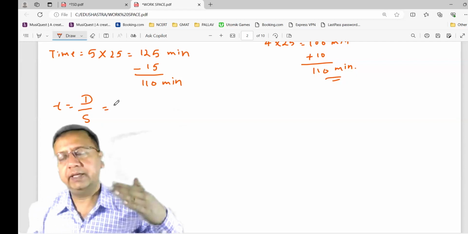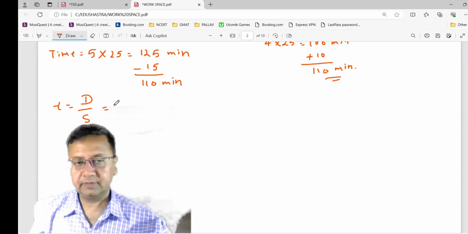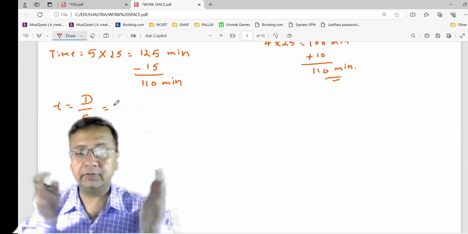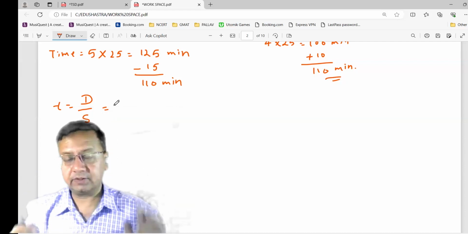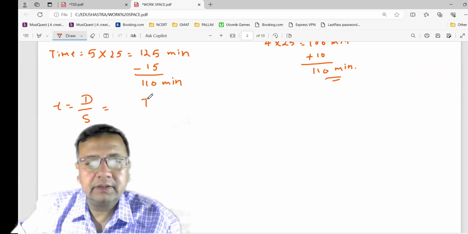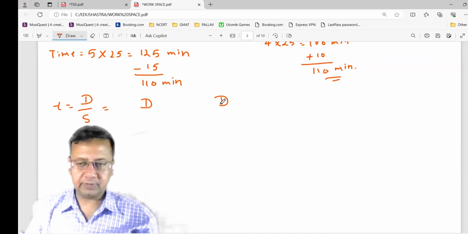So one day you are reaching early, 10 minutes early. Other day you are reaching late, 15 minutes late with the different speeds. Distance is constant. So see this. Distance and distance, because you are moving at two different speeds.